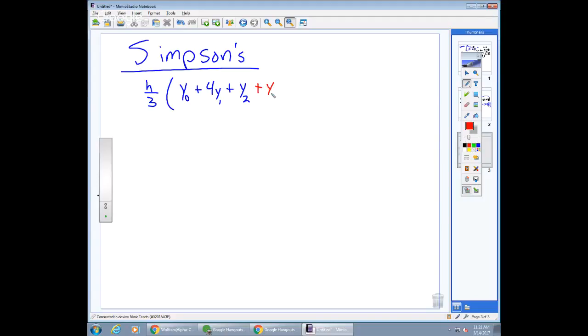So then picking up with y2, it'll be plus 4y3 plus y4. And then we grab the next pair, which starts off with y4 plus 4y5 plus y6. And it just keeps repeating this pattern over and over again until you get to the end.